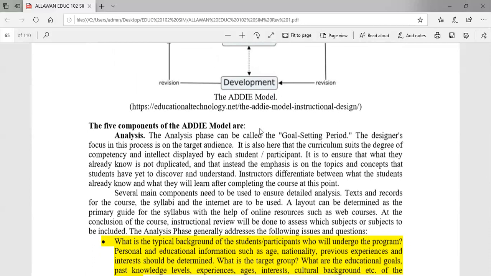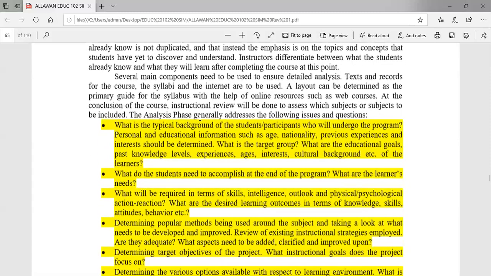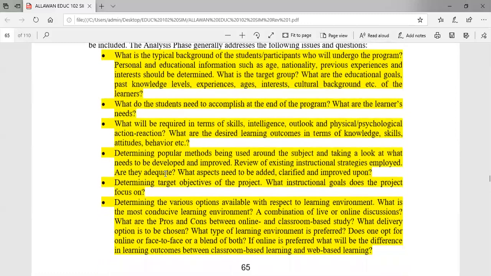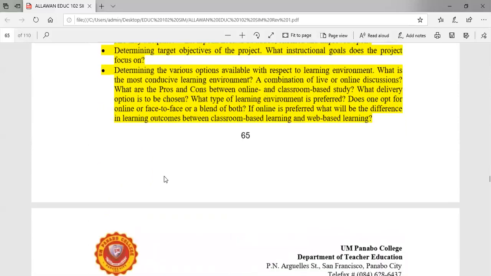It is where you set your goal on this learning environment, and it also focuses on the target audience. This is the very first thing that your goal-oriented discussion with the students will follow. There are many questions that you can follow in the analysis part, so you can also use them.